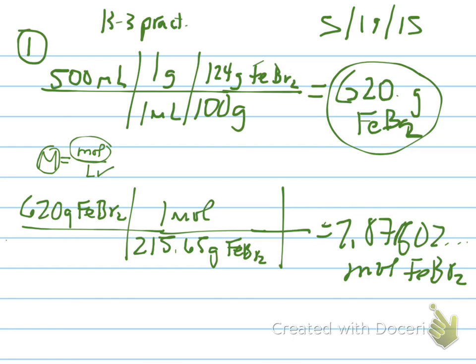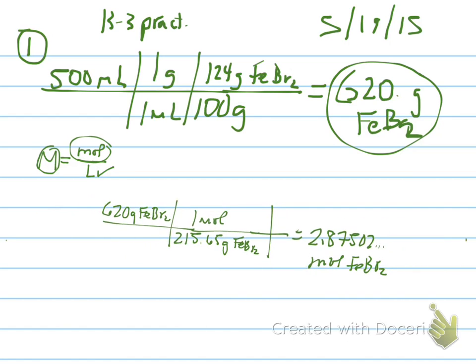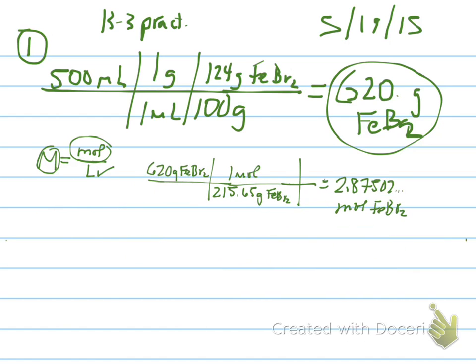Let's see if I can do any better. 2.87502, etc. moles of the iron 2 bromide. Well, now we have all the pieces we need. We have the volume of solution, and we have the number of moles.